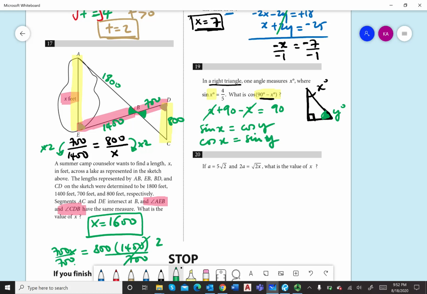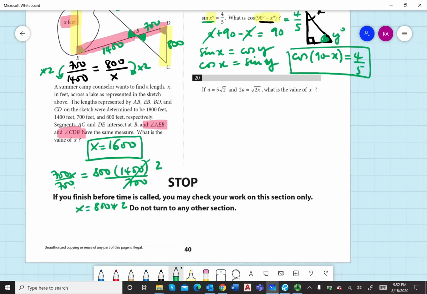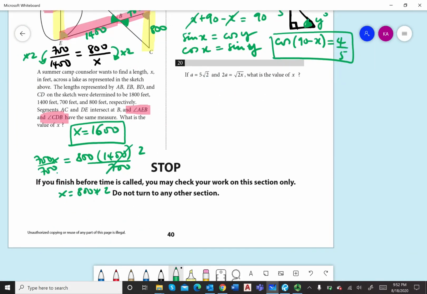Sine of one is just cosine of the other, and vice versa, right? So you can see that here it's sine of one, and then they're asking us the cosine of the other. So the answer is as simple as 4/5. So cosine of 90 minus x is equal to 4/5. Very easy question if you know what to do. If you don't know what to do, it could be very confusing also.